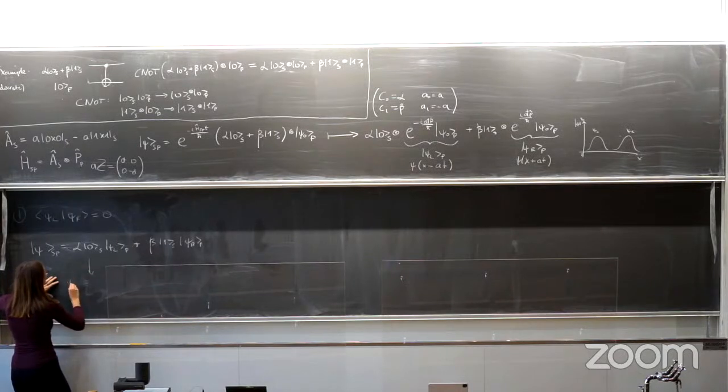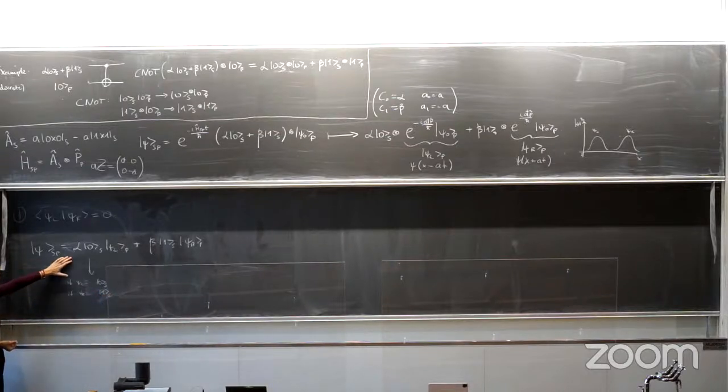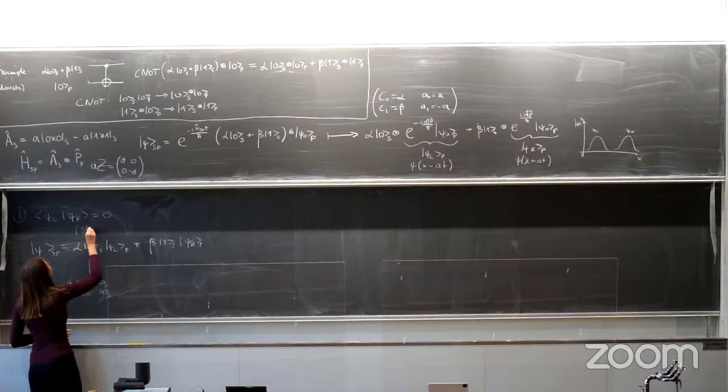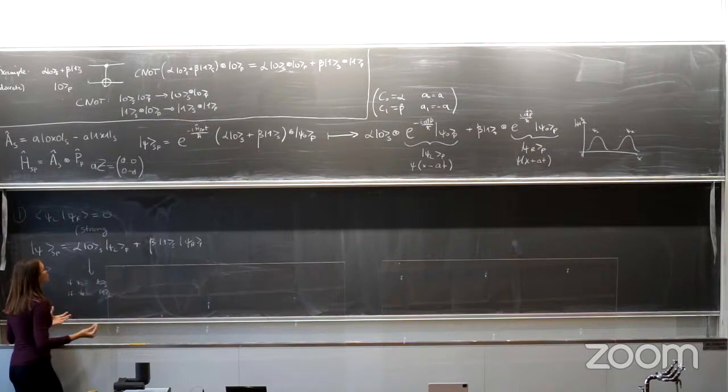If you measure psi L, then the state collapses to 0. If you measure psi R, the state collapses to 1. So even though this measurement procedure gives us exact correlation between the two systems, it is in some sense not optimal, because we lose the state we started with. And that's why this measurement is called a strong measurement, because it affects the system in the strongest way possible.